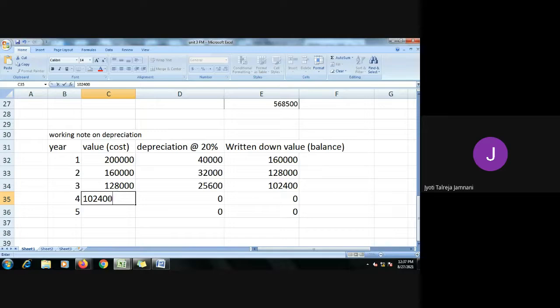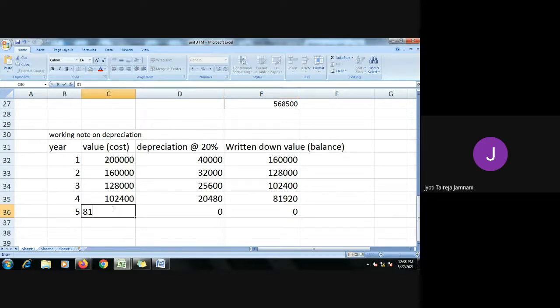Now in the fourth year, again on this 1,02,400 we calculate 20%, which comes to 20,480, and to find the balance we do the cost minus the depreciation. So 1,02,400 minus 20,480, we get 81,920.